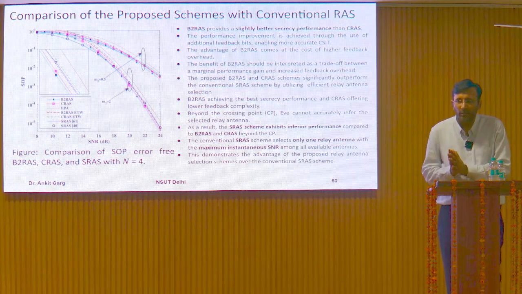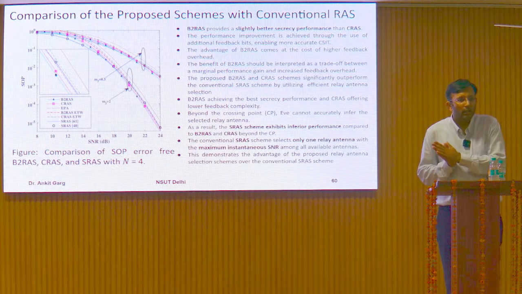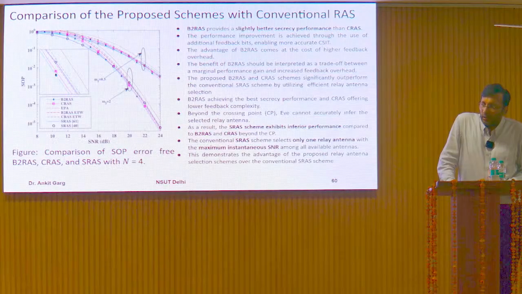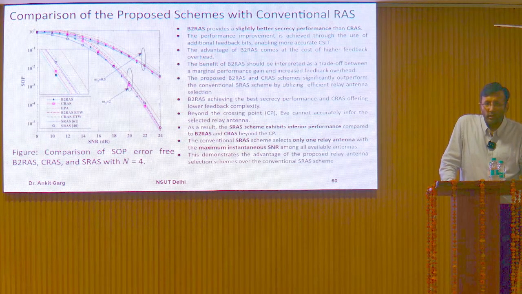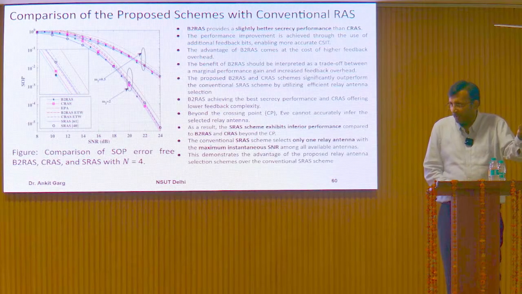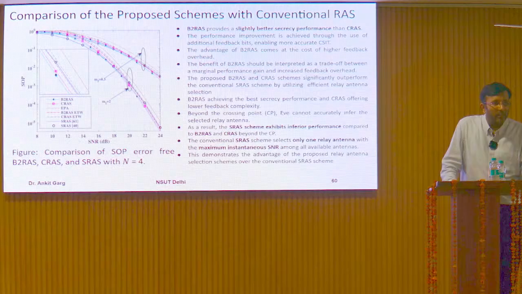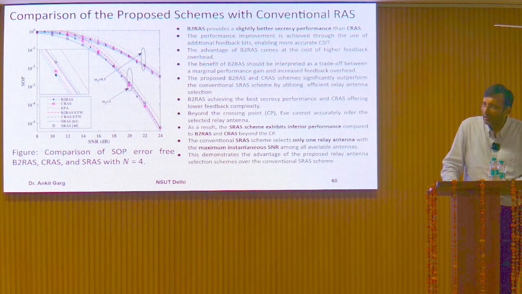We are comparing these 2 things in the presence of the eavesdropper. What do you think? Which one has a higher probability? A single antenna being the best one for the eve at the same time, or 2 antennas being best for the eve at the same time? Which one has the higher probability?